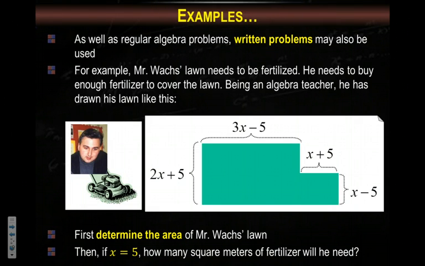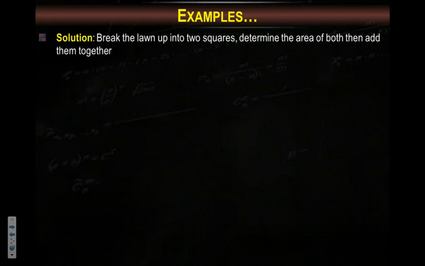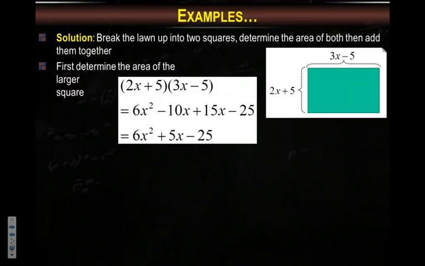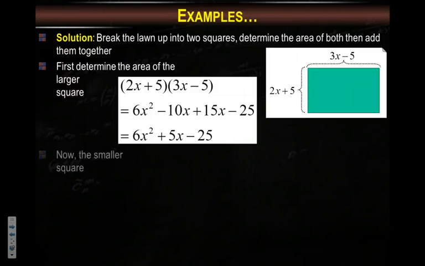In order to figure it out, I'd have to determine the area of this shape and then solve it knowing that x equals 5. The way I would do it would be through algebra. Now, I'm not going to go through this step by step. We don't have time for that. Well, we do have time, but I'm not going to. But in doing this problem, you can use the tools I've given you in algebra.